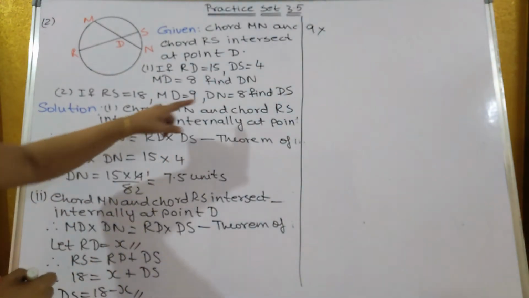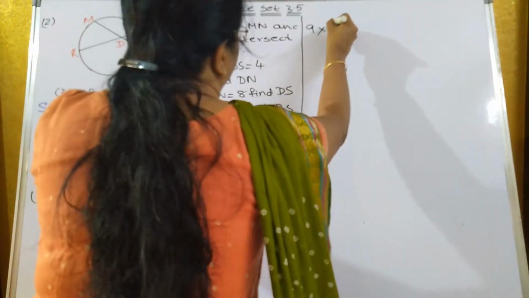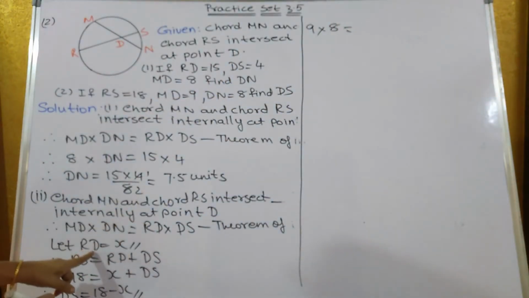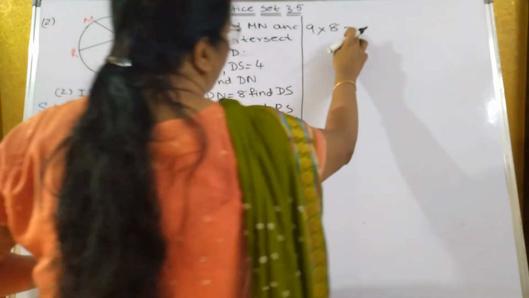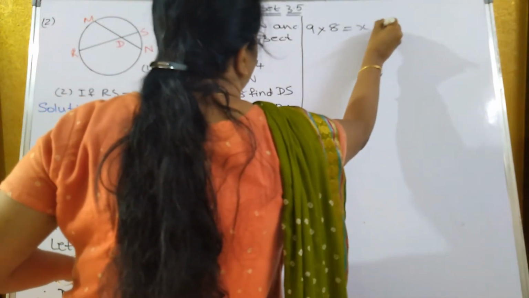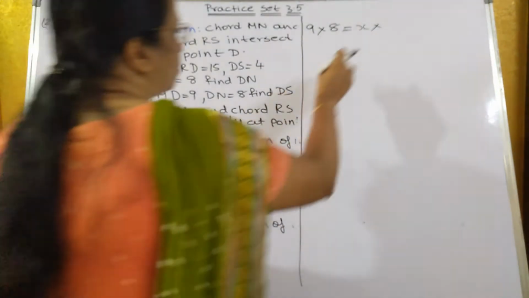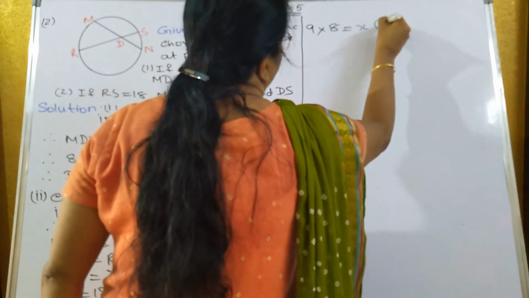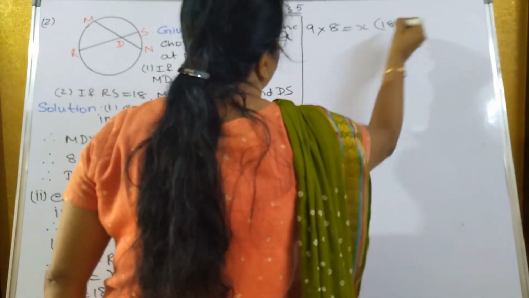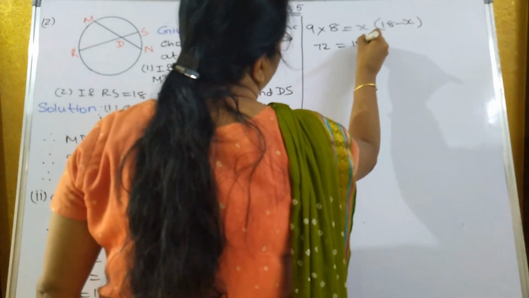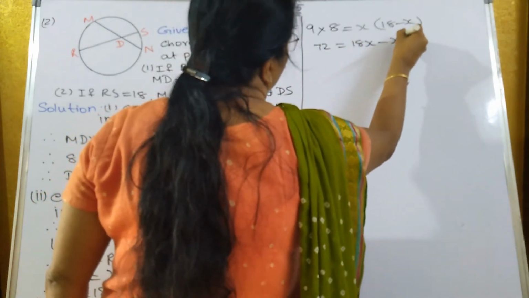DN is equal to how much? 8 is equal to RD. RD we have taken X. So equal to X into DS. DS we have got 18 minus X. So we have just put the values. 18 minus x. When you open the bracket, what you get? 9 8s are 72 is equal to 18x minus x into x, x square.